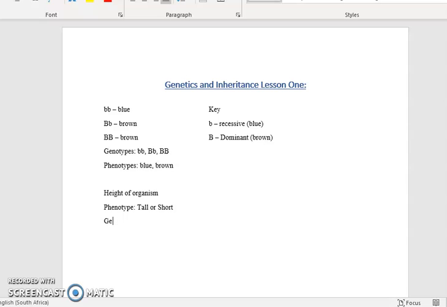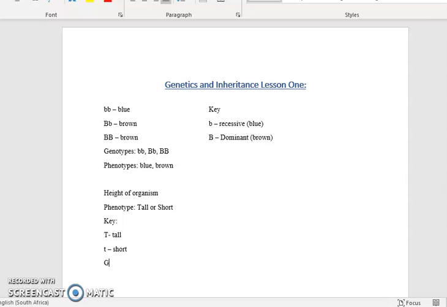But first, let's have our little key again. In this instance, I'm going to let capital T be tall, and little t be short.